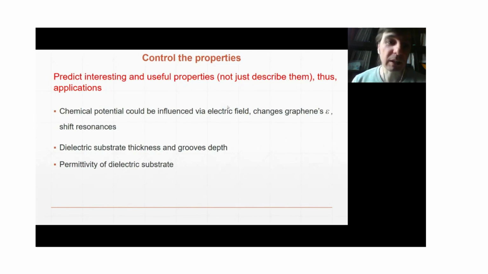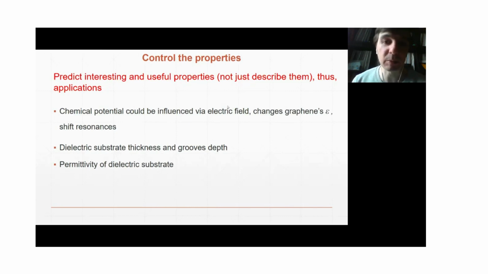So by varying the chemical potential via a static electric field, it's possible to change graphene's epsilon, which is going to shift graphene resonances, and they could be moved close to the dielectric resonances for extremely high Q transmission or reflection.